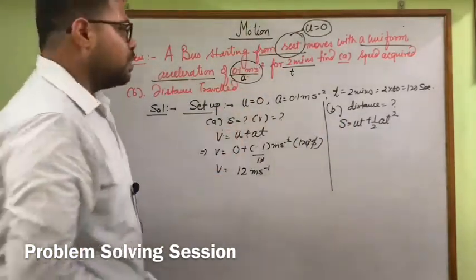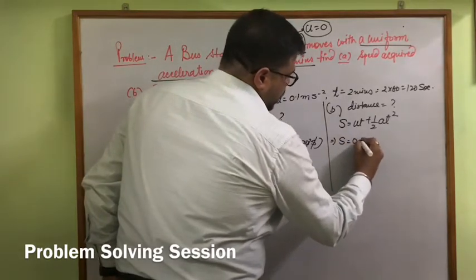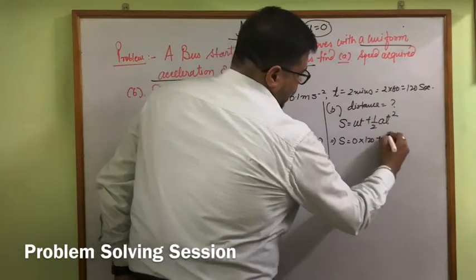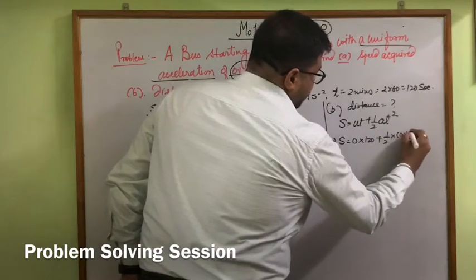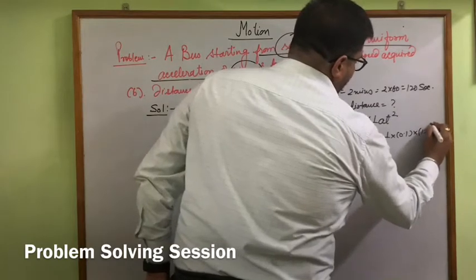Here s is for distance, not speed, please. Now s will be u is 0 times 120, plus half, which is 0.1, into t, which is 120, whole square.